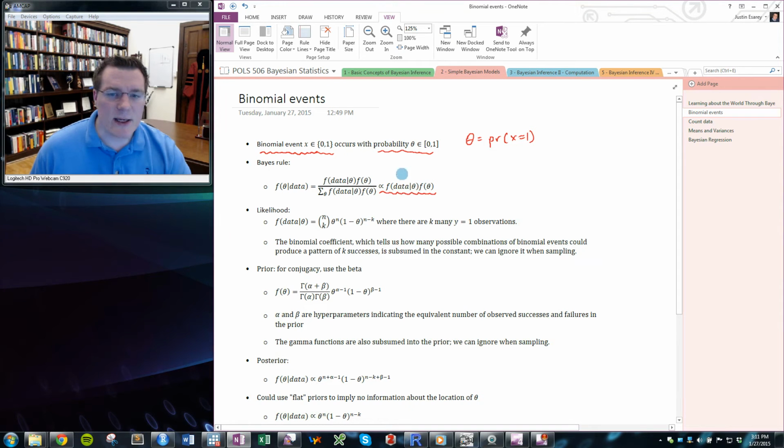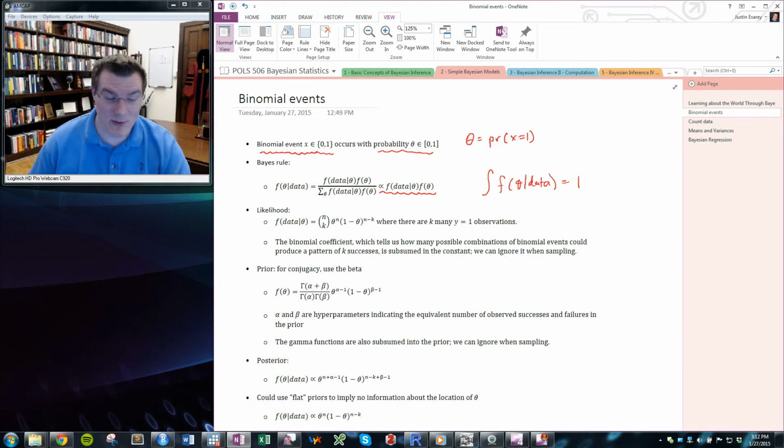And as long as we can get the shape of this proportional function, we can always move up or down the values of those functions so that they integrate to 1, the way you would expect a continuous distribution to do. So we need the integral of f of theta given the data to equal 1 by, again, a law of probability, since less than 1 or greater than 1 would imply that this is not a probability density.